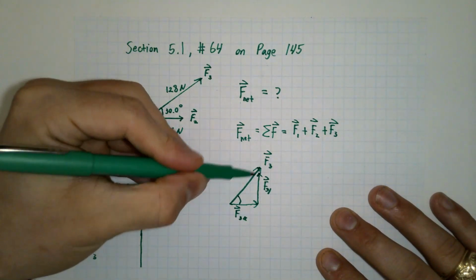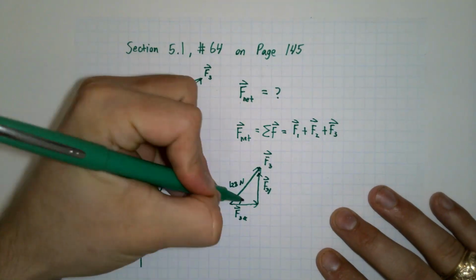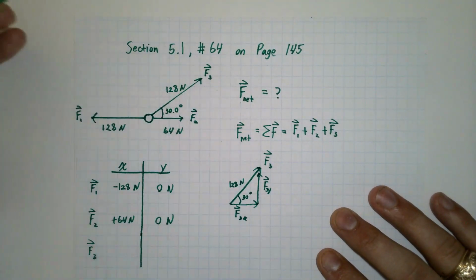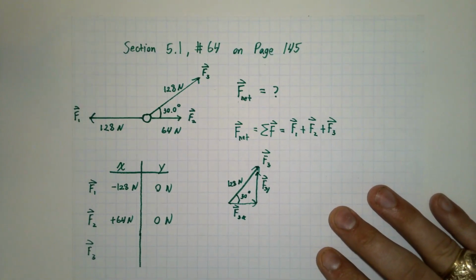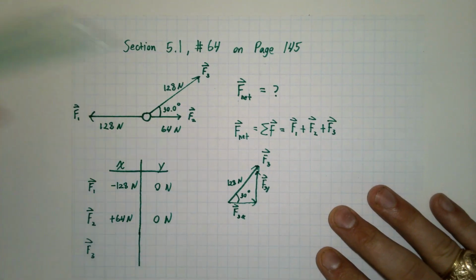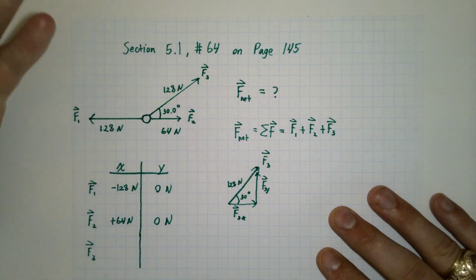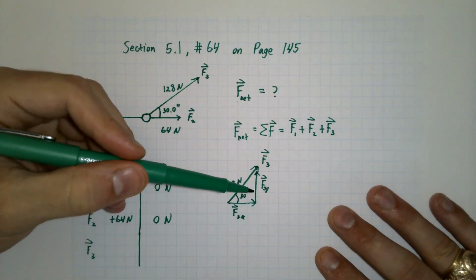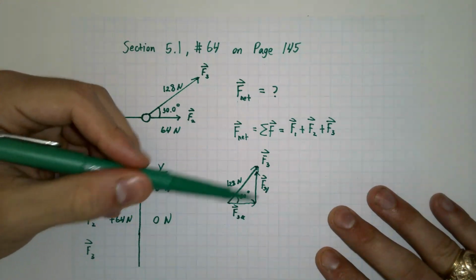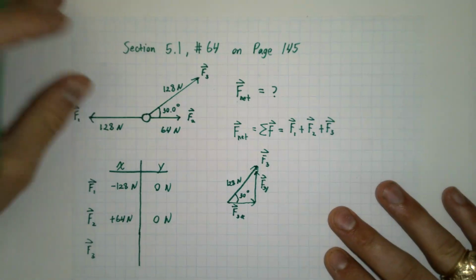We have the magnitude of this force vector at 128 newtons. Using our trigonometry, our trigonometric functions, we can relate the magnitude of this force, in this case from a triangle perspective, the hypotenuse, to both of the component vectors that we need to find, and relate them through the angle.